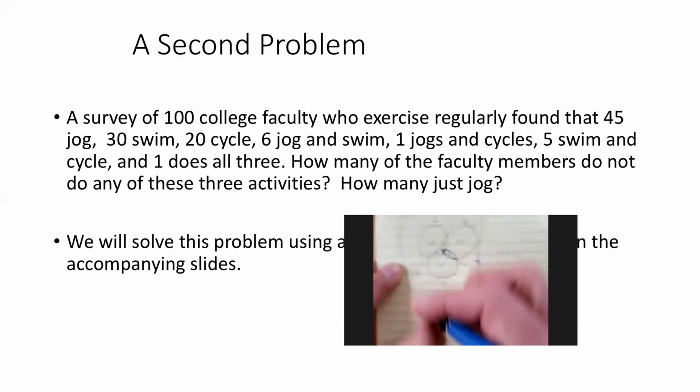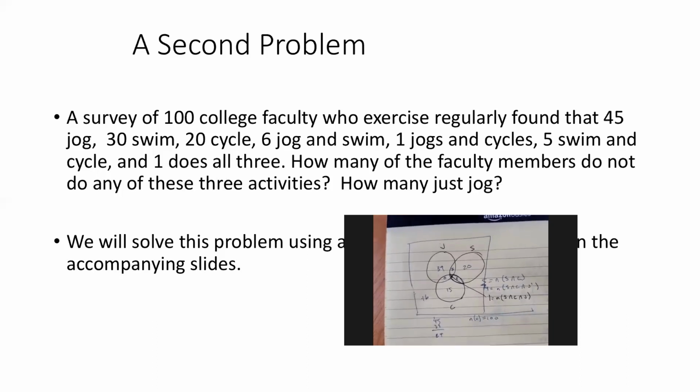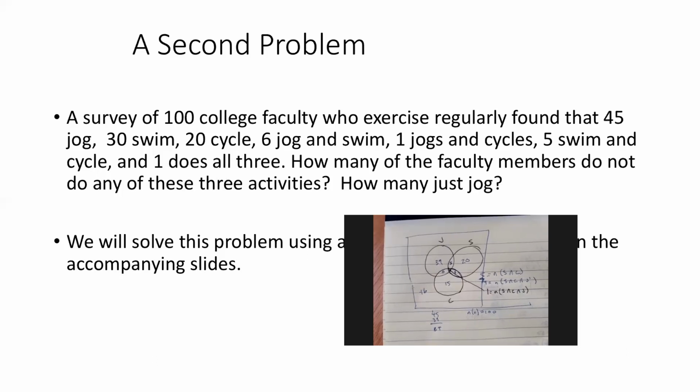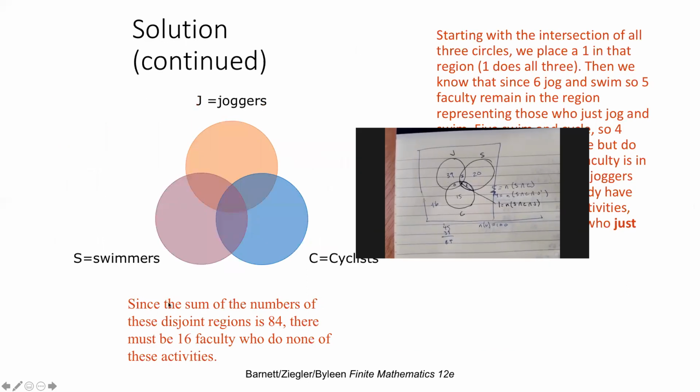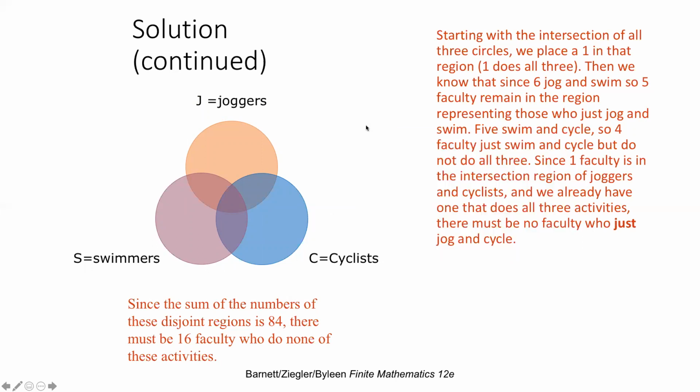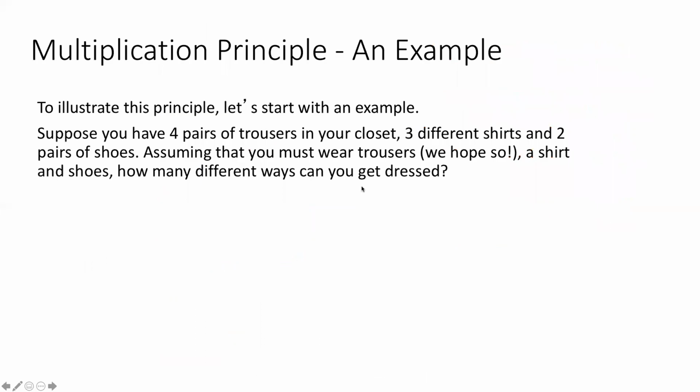So that means this is 16 that do not swim, cycle, or jog. And I think that's exactly what we say down here, right? Since the sum of the numbers of these disjoint regions is 84, then there must be 16 faculty who do none of these activities. So feel free again to pause and go back and look at that again.